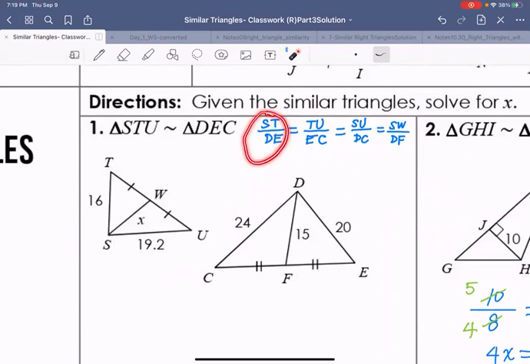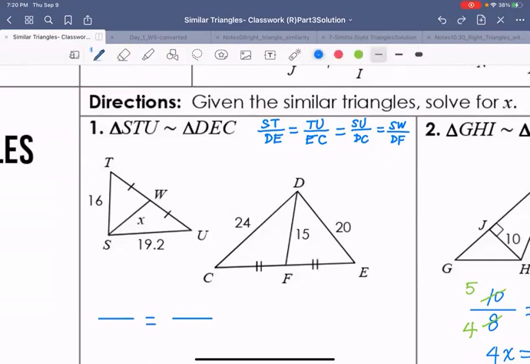This guy, right? 16 over 20 equals, we don't know TU over EC.